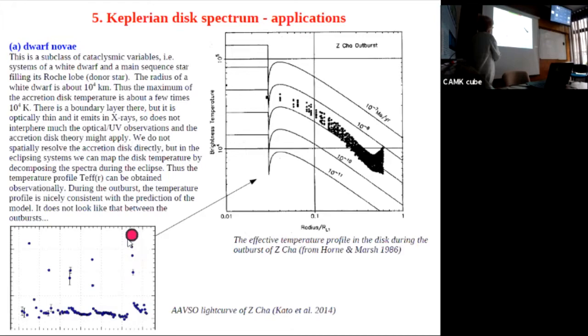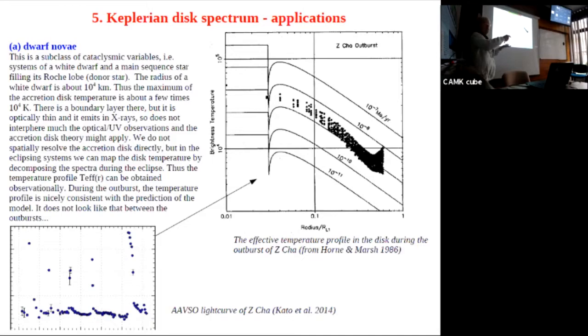So from time to time you see outbursts in this system, but of course those outbursts take several days. So you can observe the source during several days of the outburst. And this is what those people did. They observed the source during the outburst. And then they were able to determine the temperature profile of the disk, because this is an eclipsing source.